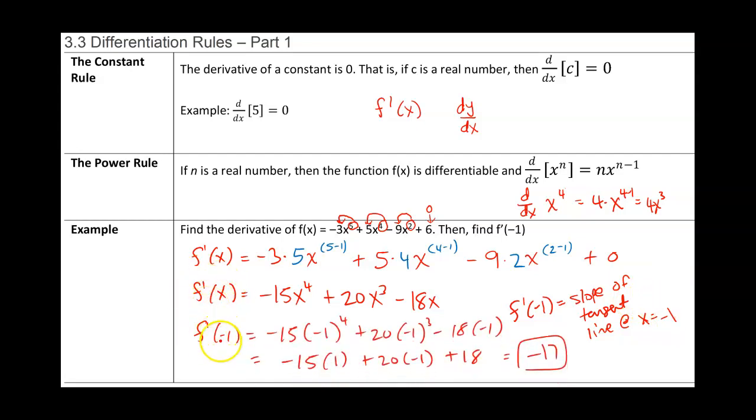So f prime of negative 1 is going to be negative 15 times negative 1 to the fourth, plus 20 times negative 1 cubed, minus 18 times negative 1. And please feel free to use Desmos for this. And if you do, you'll get negative 17 as the answer. So the slope of the tangent line at x equals negative 1 is negative 17.